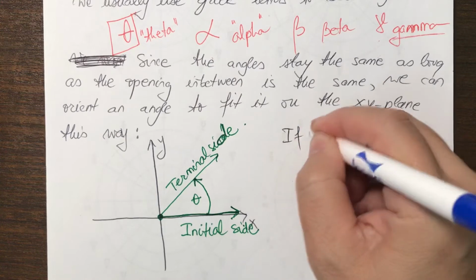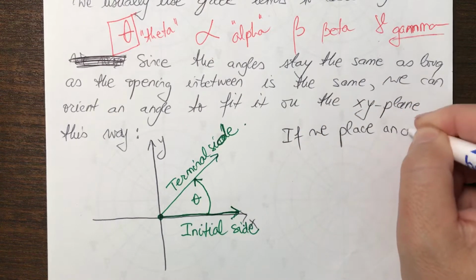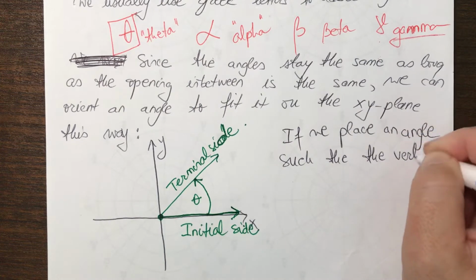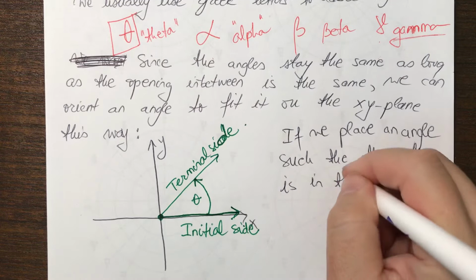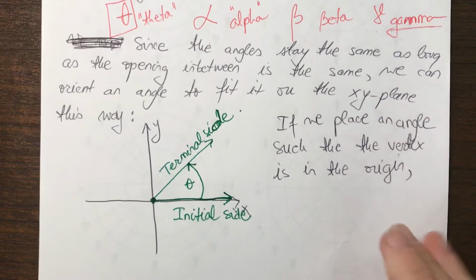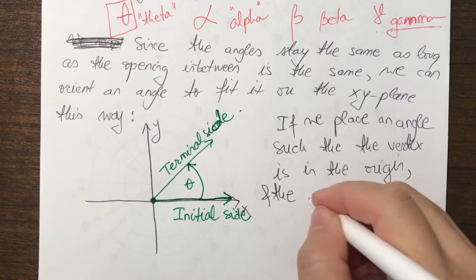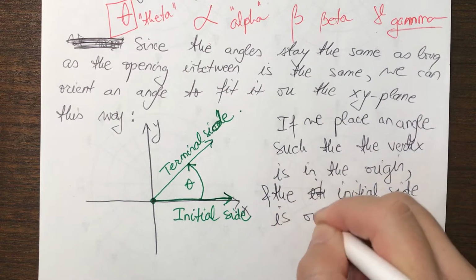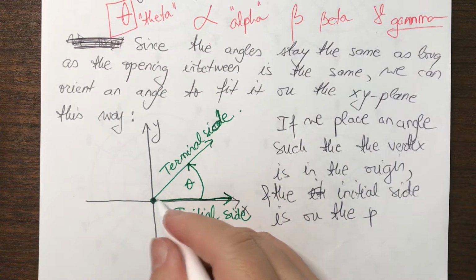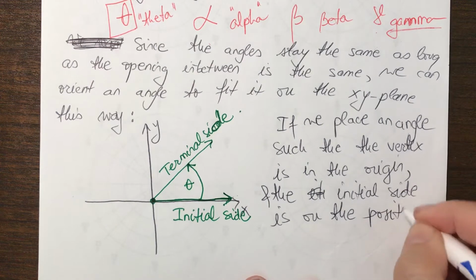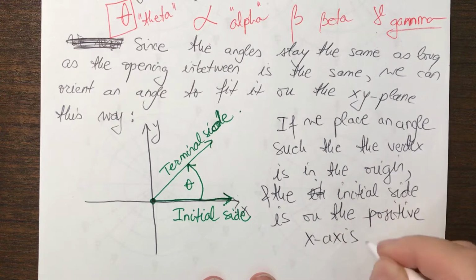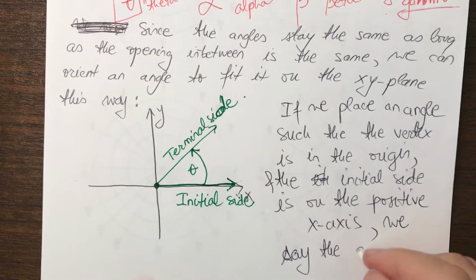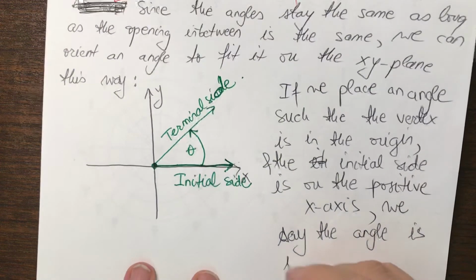So if we can place an angle such that the vertex of it, where the two rays meet, is at the origin of the XY plane, obviously, and the initial side is on the positive x-axis, so from the vertex we're going towards the positive x-axis, we say the angle is in standard position.